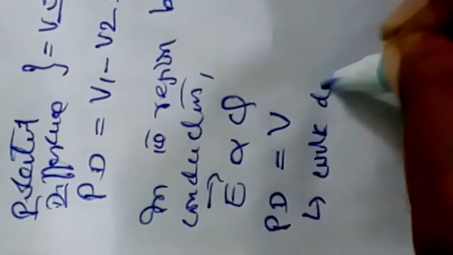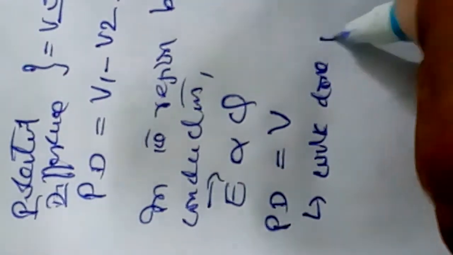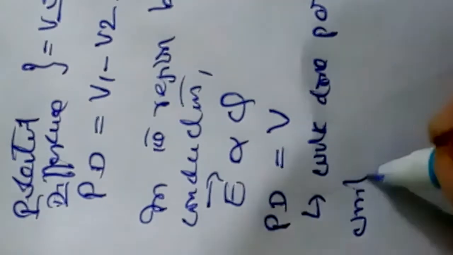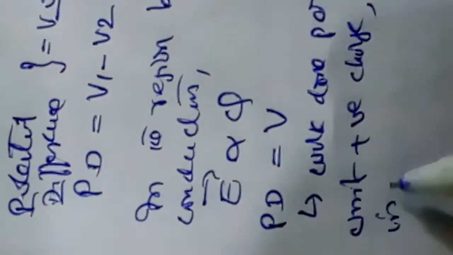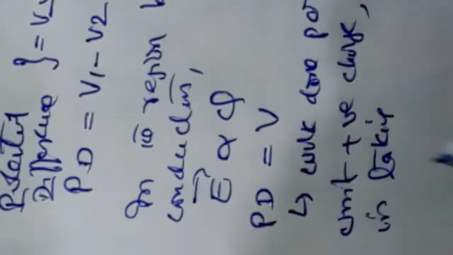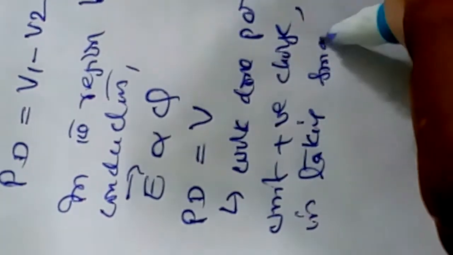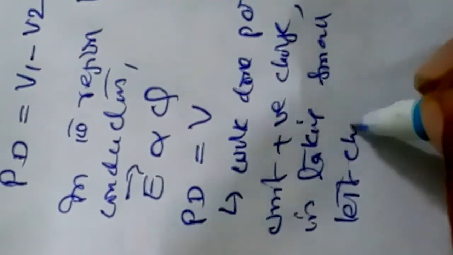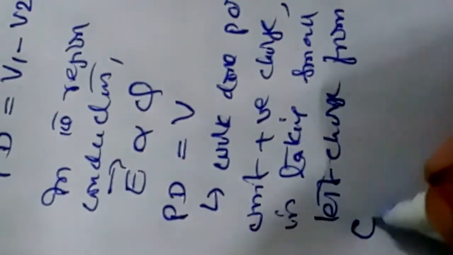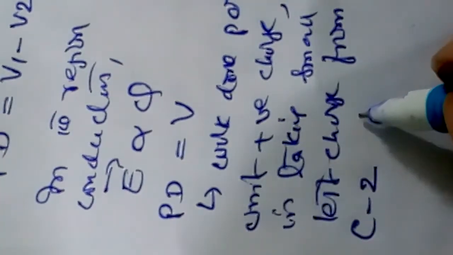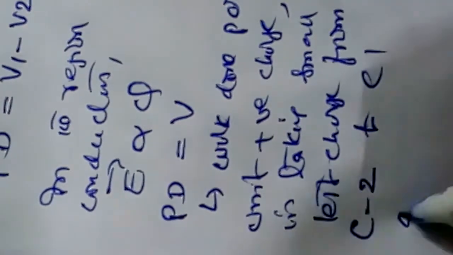It is nothing but the work done per unit positive charge in taking a small test charge from conductor 2 to conductor 1 against the electric field. Exactly what does it mean?